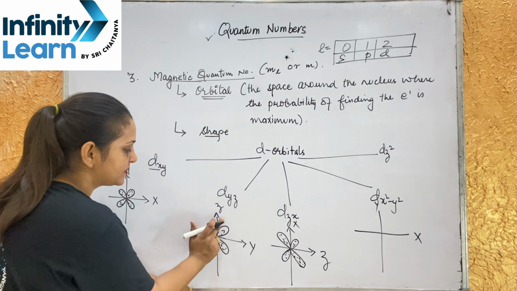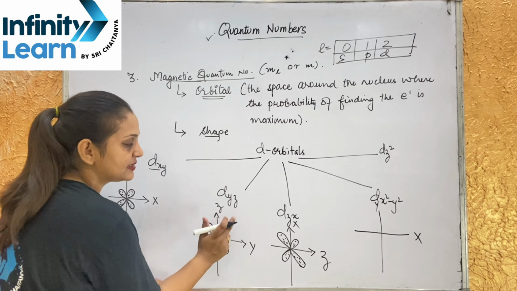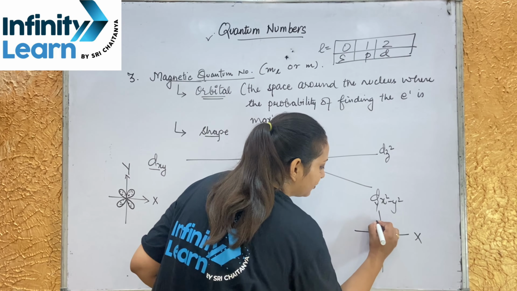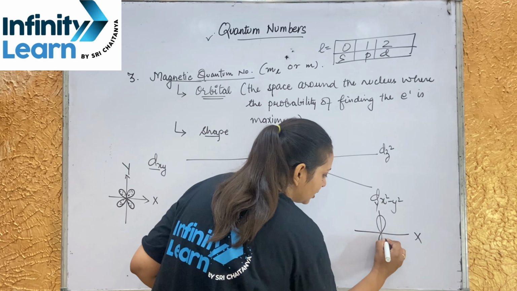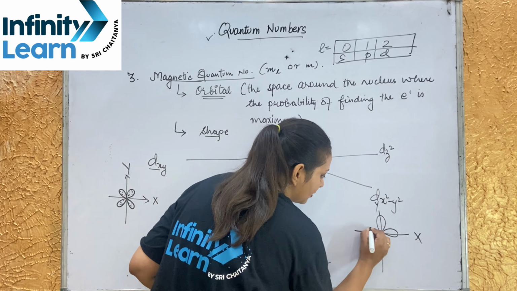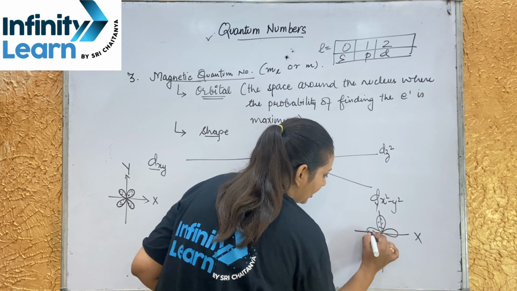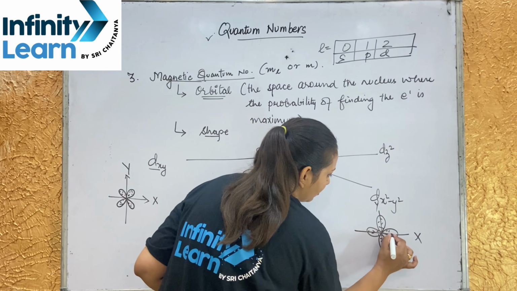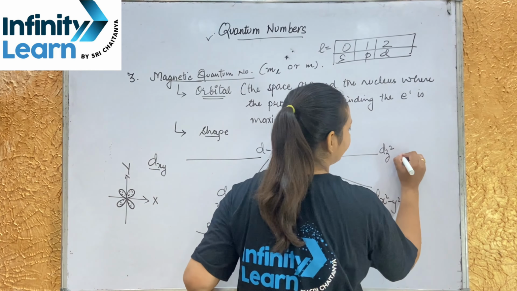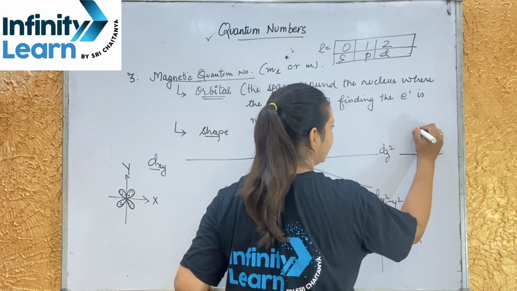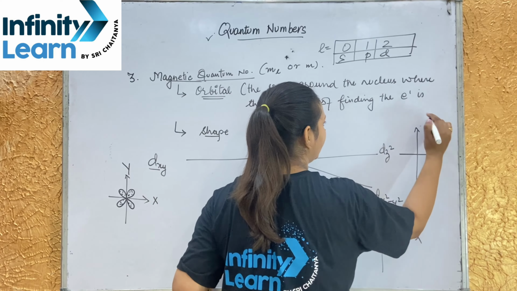These were the lobes in between the axes. Now we will be marking the lobes on the axes for dx square minus y square. And for dz square, we need the z axis only.